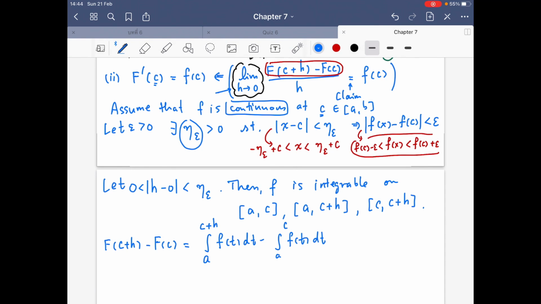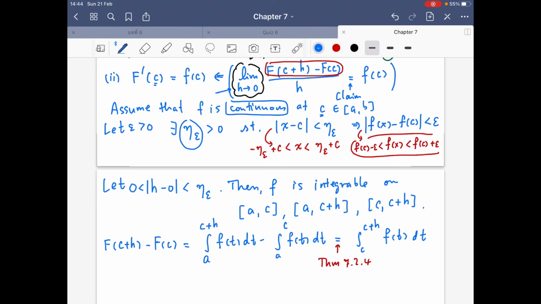Again, using that theorem that you can separate the closed interval a b into several subintervals, this one is theorem 7.2.4. We can conclude that this becomes the integral from c to c plus h of f(t) dt.